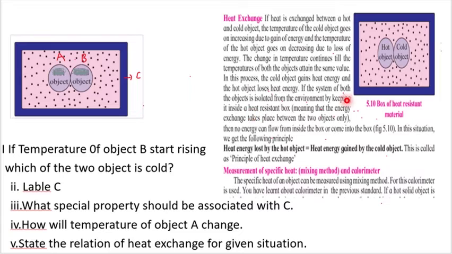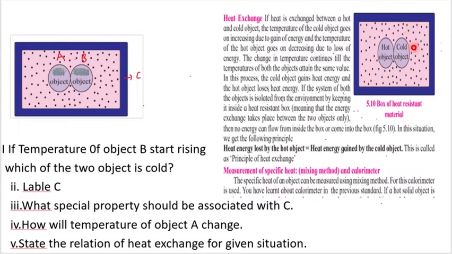So this box is a heat-resistant box, and the two objects are placed inside the heat-resistant box and they are isolated from the surroundings. Here what happens? An exchange of heat takes place between the hot object and the cold object. The hot object gives its heat energy to the cold object.